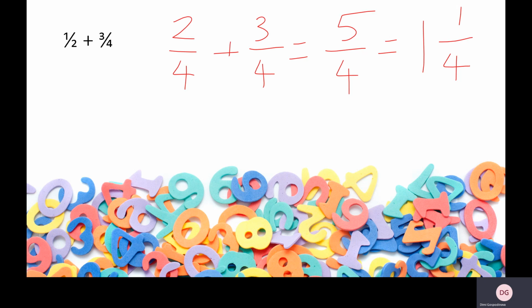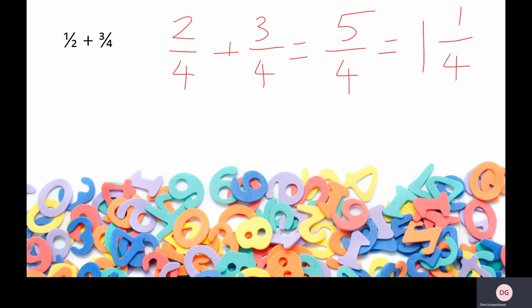So for that purpose, if I'm multiplying the denominator by 2 in order to get 4, that means that I'll need to do the same to the numerator, meaning multiplying it by 2, which gives us 2/4. Now we can add the fractions because they have the same denominator, 2/4 and 3/4.